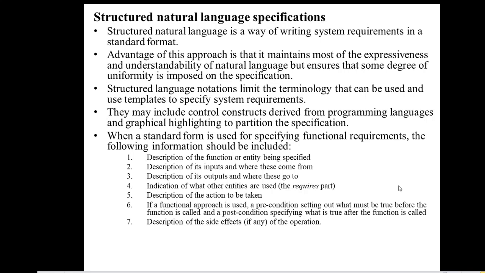Third one is description of its outputs. The next one is indication of what other entities are used. Next is description of the action to be taken. So these are the guidelines we need to follow whenever you are specifying the functional requirements in a standard form.